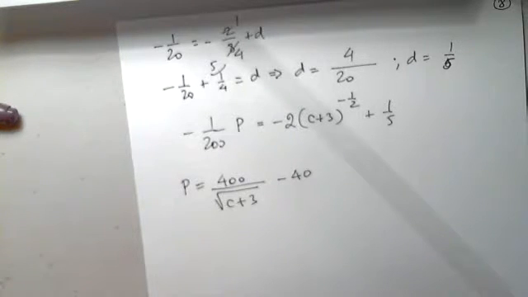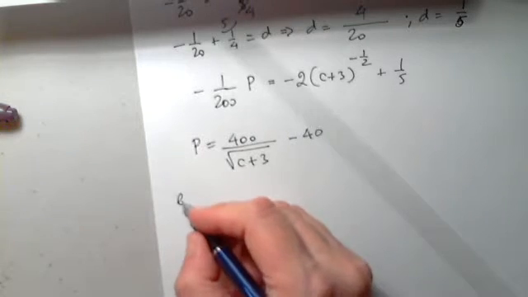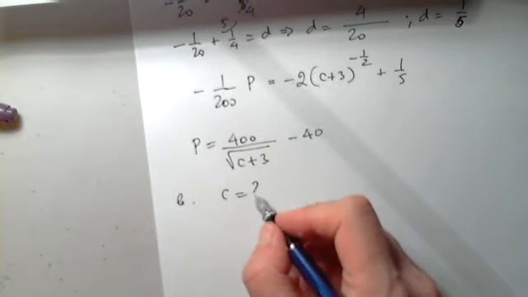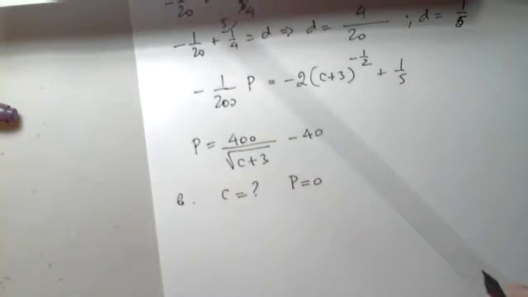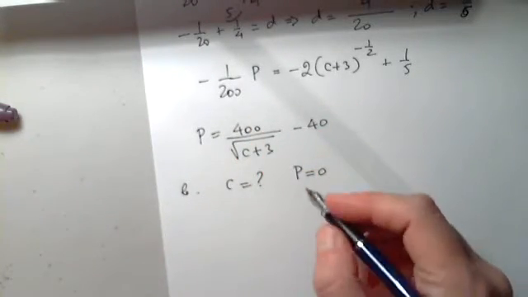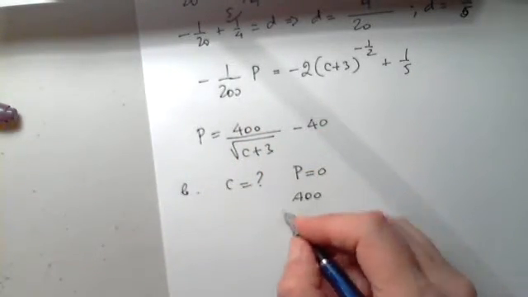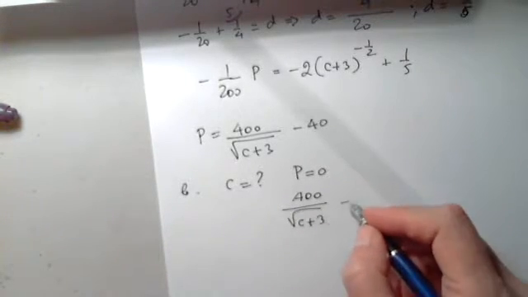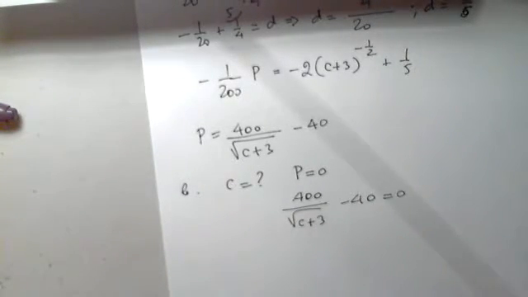At what cost will the firm break even? In part B, we're asked to find C for P being 0, profit 0. Well, I have to set this expression equal to 0. 400 over the square root of C plus 3 minus 40 equals 0.